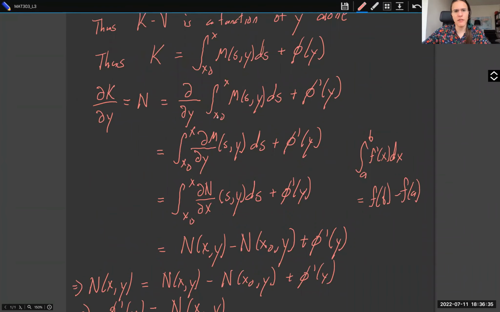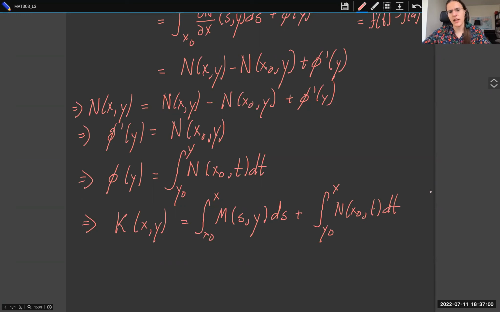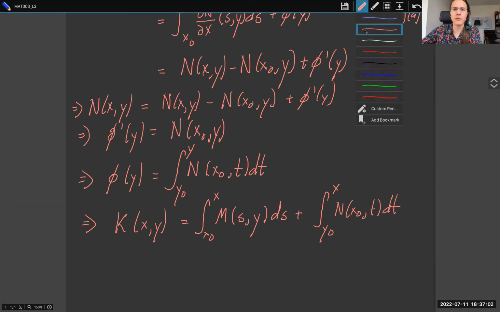First, we have the integral of m from x naught to x, the integral of m of s y ds plus the integral from y naught to y of n x naught t dt. And so if you actually think about how to interpret this, let's imagine that we have a rectangle again.